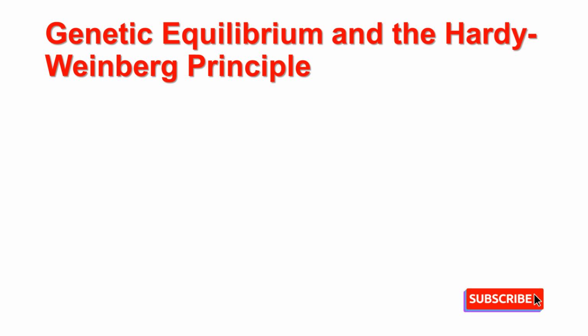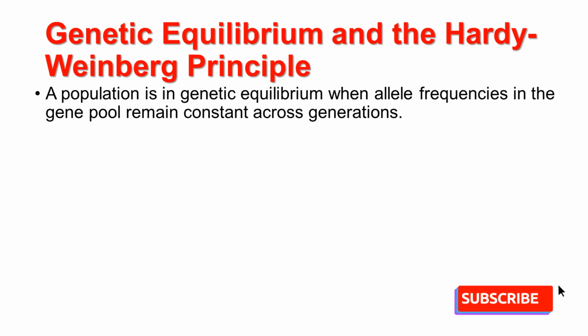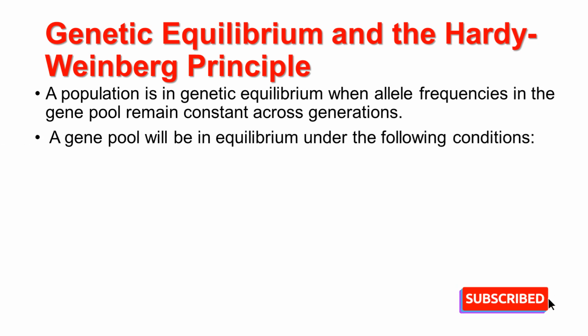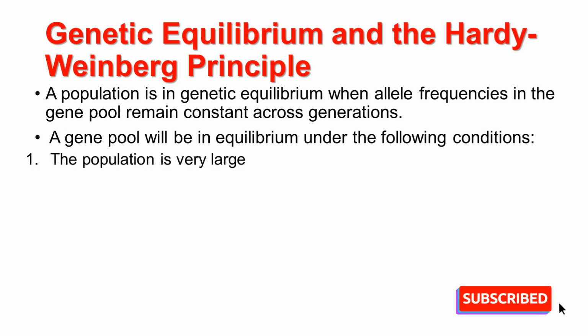Genetic equilibrium and the Hardy-Weinberg principle. A population is in genetic equilibrium when allele frequencies in the gene pool remain constant across generations. A gene pool will be in equilibrium under the following conditions. The population is very large.